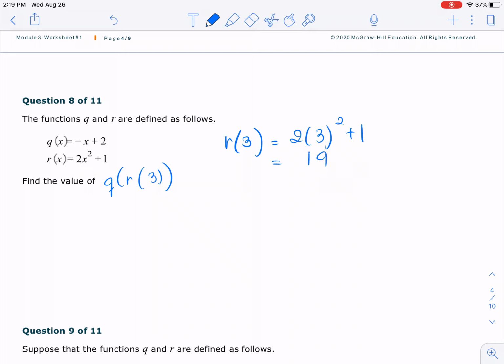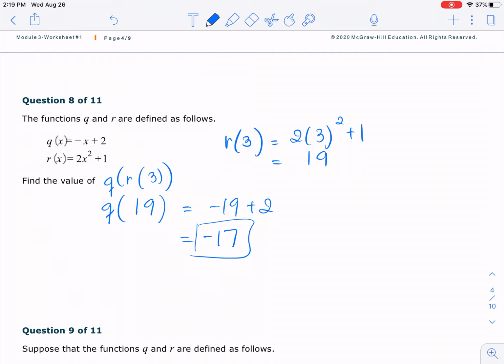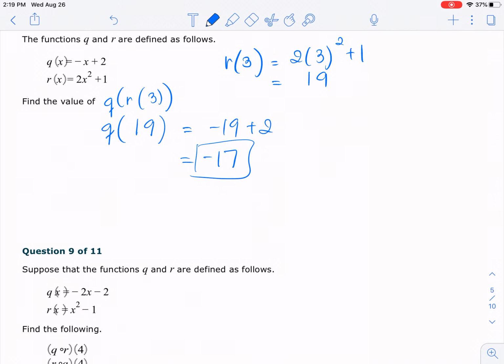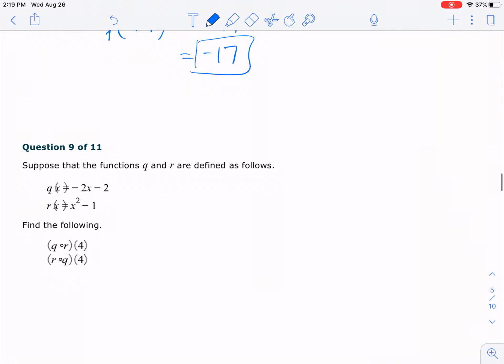Now, instead of writing Q of R of 3, I'm going to write Q of 19. Okay, so we're going to use the Q function now, which is negative 19 plus 2, which is negative 17. And that's Q of R of 3. All right, that's what we call composite. And that's what number 9 is all about.